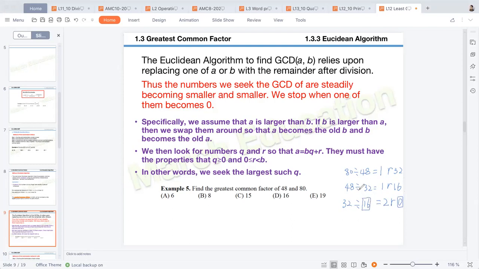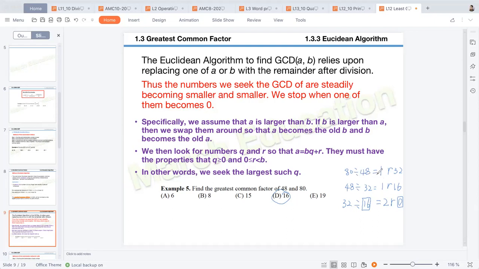Okay. So of course we can use other methods, but you can try this. I just use 80 divided by 48. Aaron gave me the right answer. Kevin gave me the right answer.